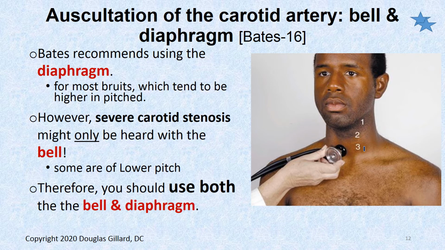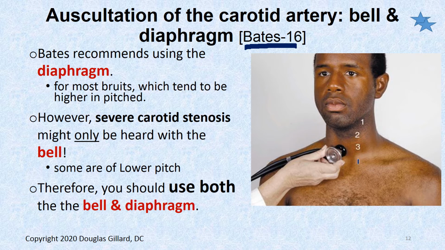So bruits. According to Bates, and this is the new 2016 Bates, which is just the same on this, you're going to use both the bell and the diaphragm, and this is kind of a new change. It used to be just the bell, but the research shows that the bruits can be high-pitched or low-pitched.